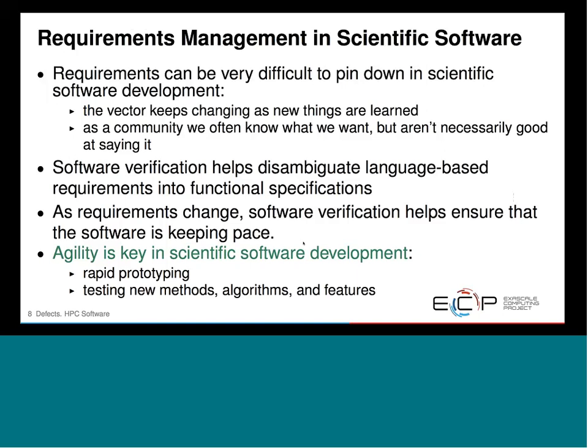So one of the nice things about software verification, if practiced well, is it can help disambiguate this fluffy language-based requirements into functional specifications. Hopefully I'll elucidate that more clearly as we go. Furthermore, as requirements change, software verification helps ensure that the software is keeping pace. So often we're constantly changing, this vector is going to change, and the important thing is to realize this going in, right?